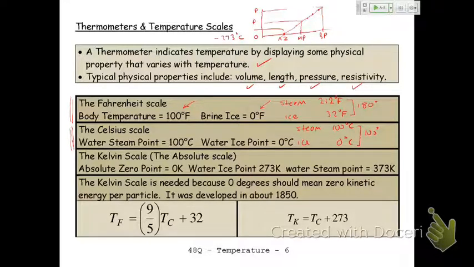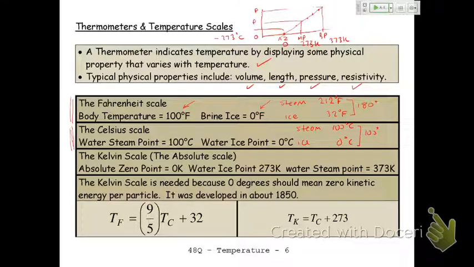Correct. So Lord Kelvin said, let's call that 0, and let's start counting up from there. So he didn't change the size of the degree C, he just moved the 0 point. And so melting point is 273 Kelvin, and boiling point is 373 Kelvin.